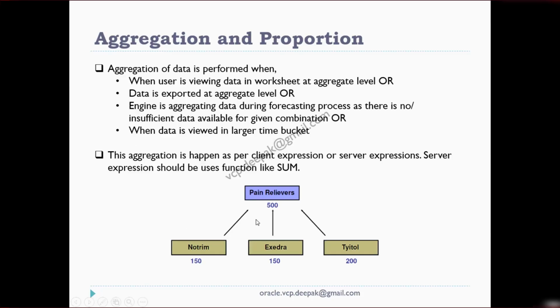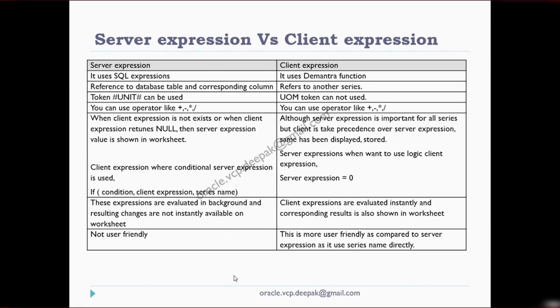And how does it do the aggregation? This is one example where the sum of all the child members is equal to the parent value. So the pain reliever is one of the categories, and the corresponding brands or items are like Notary, Mandin, Title and all these things. So the sum of all these members' numbers is equal to the parent value.